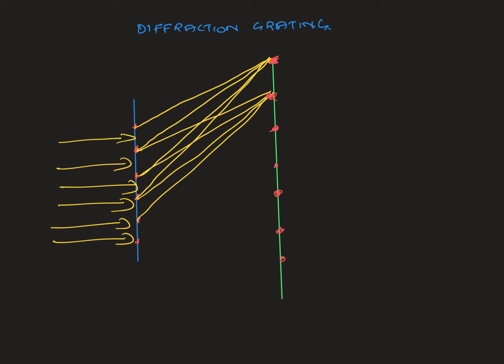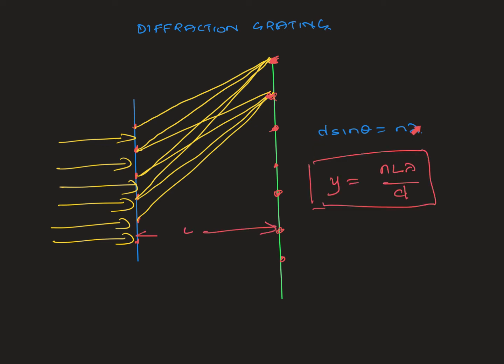We can use the same equation that we used before for the double slit diffraction. So we can say d sine theta is equal to n lambda. And d is again the distance between two slits, and lambda is the wavelength.